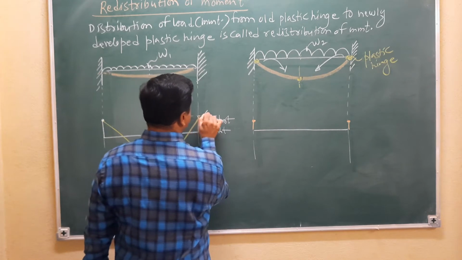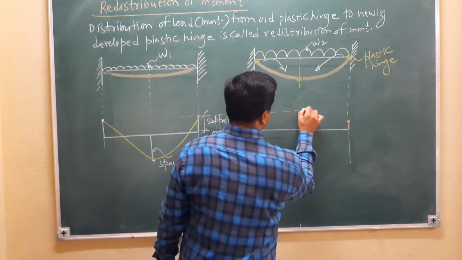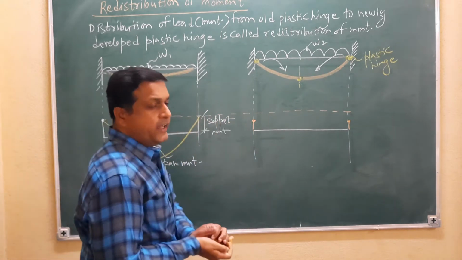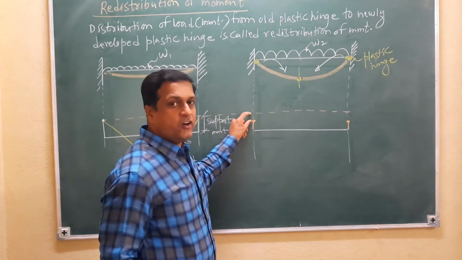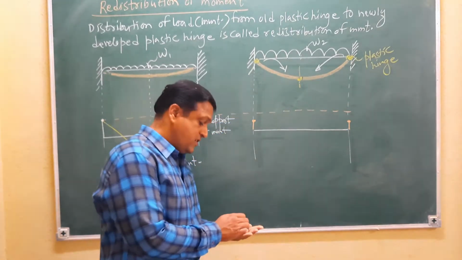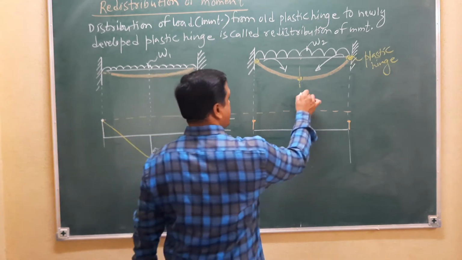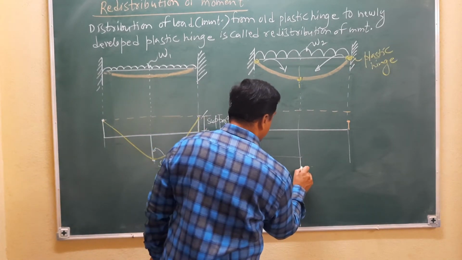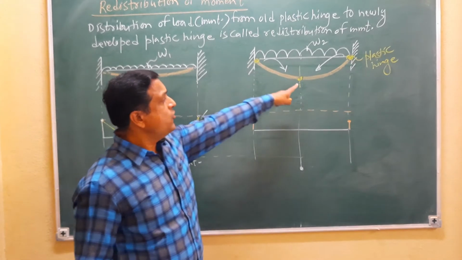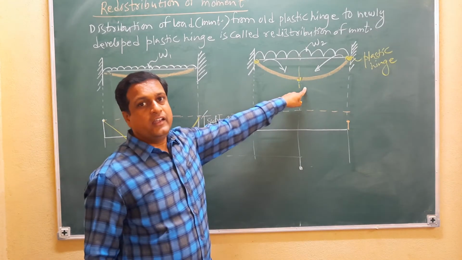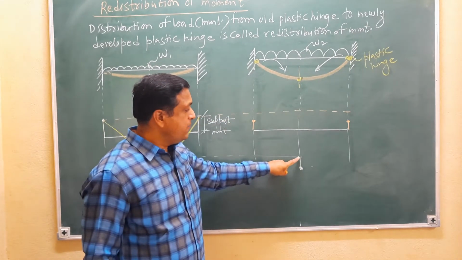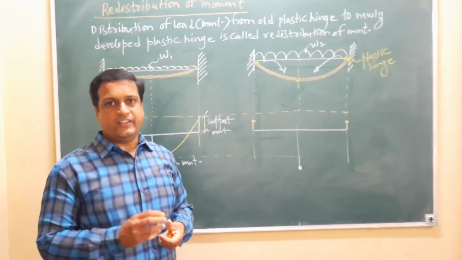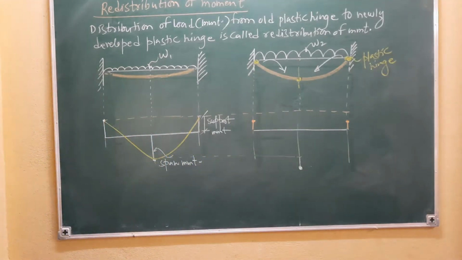If we consider the level of the previous diagram as the baseline, the support moment is reduced because the load is transferred to this hinge, and simultaneously, due to the increase in load at this location, the span moment increases.